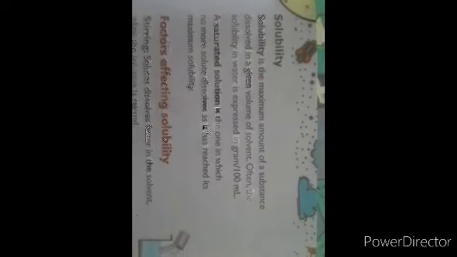Whenever a solute and a solvent mix together, a solution is formed. Solubility is the ability of water to dissolve the solute. That means the ability of water to dissolve any substance. It can be salt, sugar, etc. The unit in which it is expressed is gram per 100 milliliter.